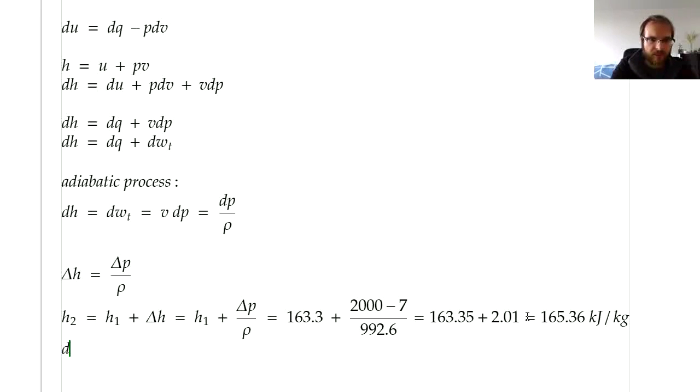say that the change in the enthalpy in ideal gas is Cp times change in the temperature.